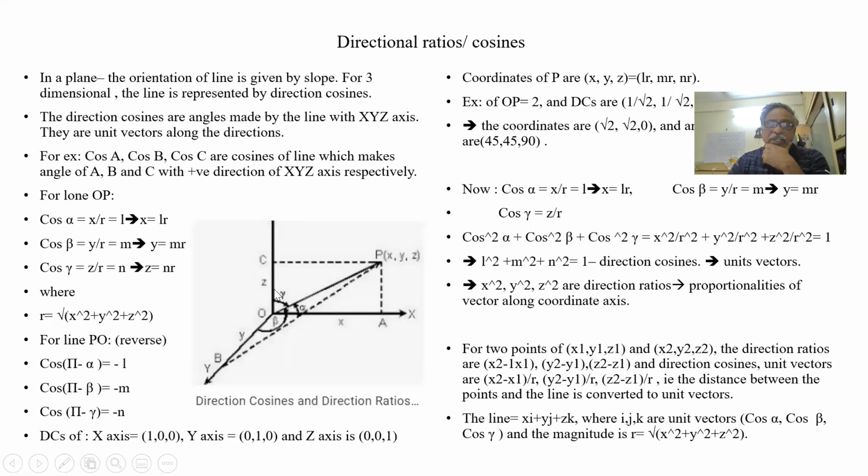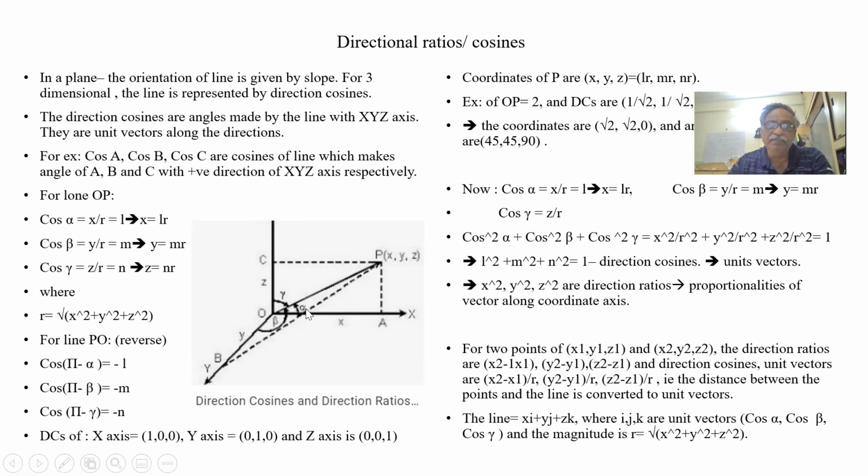But since it is three-dimensional now, the line will have three separate angles with x, y and z. Say with x it is alpha, with y it is beta, and with z it is gamma.